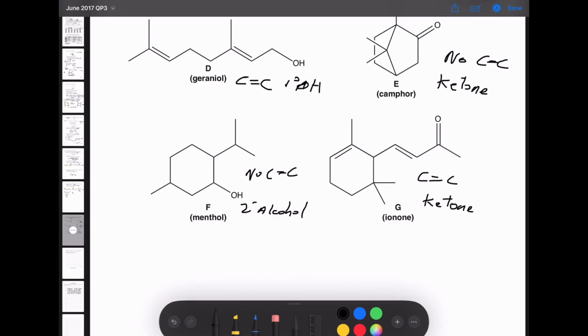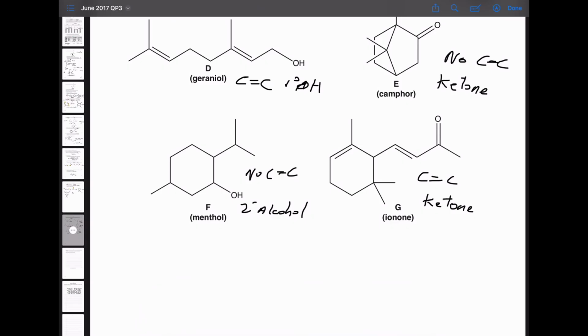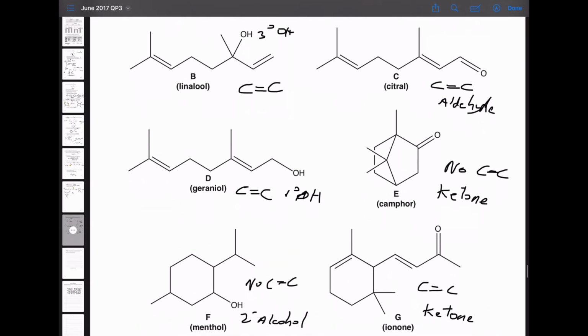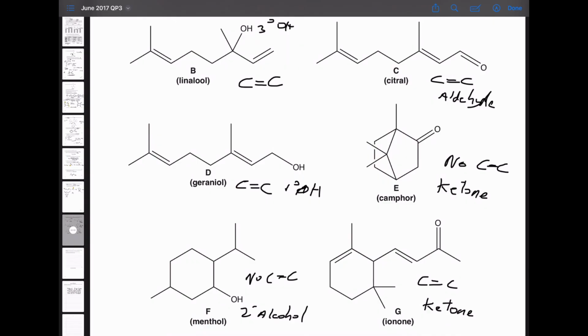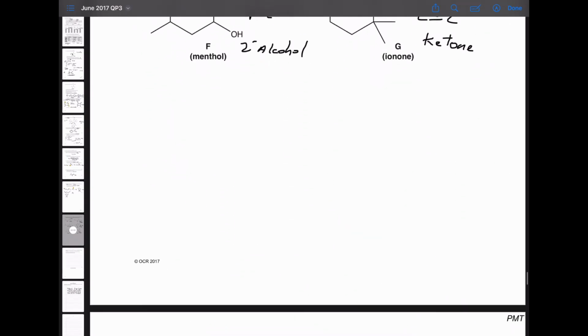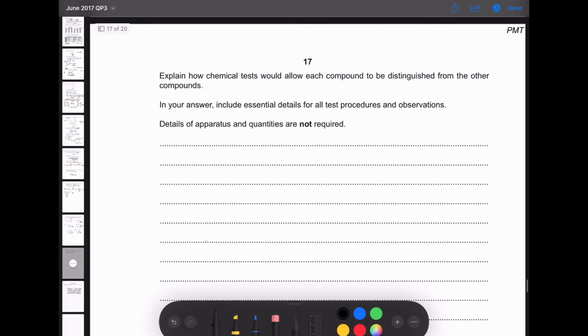Okay. So, what's the first easiest way to separate them out? It would be separating the saturated compounds and the unsaturated compounds. So we're separating E and F from the rest of them. How do we distinguish alkenes?